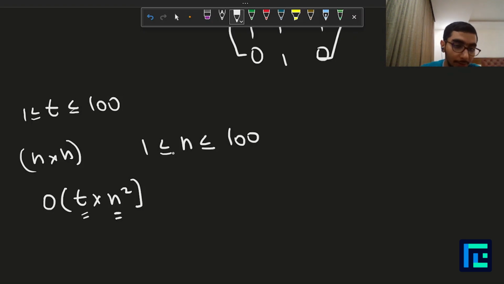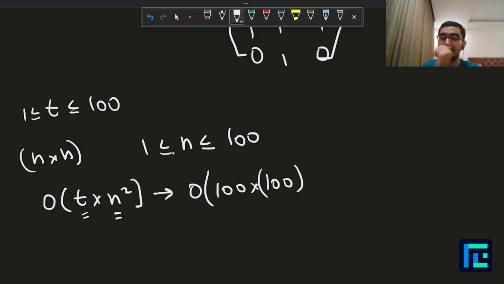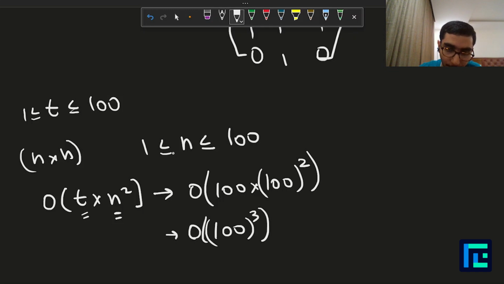If we calculate this, this would be equal to O of 100 into 100 square. That would be 100 cube, so I should write 10 power 6 operations.